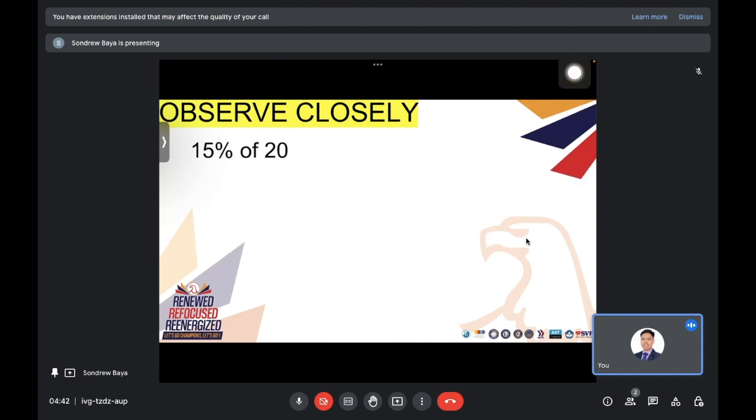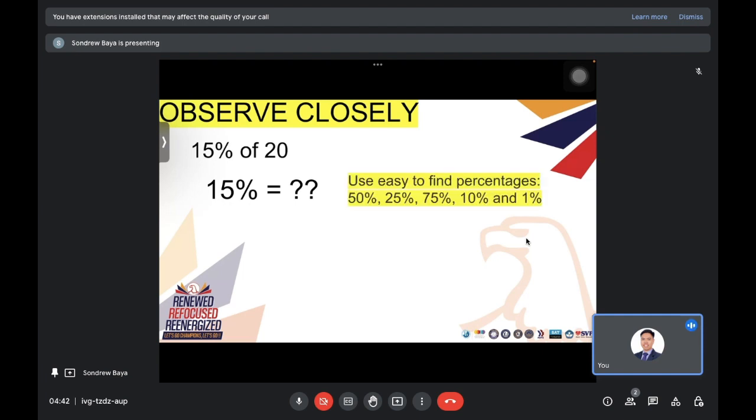15% of 20. What's the traditional way? That will be 0.15 times 20, right? But instead of doing that, let's try to break 15% into easy to find percentages. Can you think of some? One way is 10% plus 5%. Remember 10%?